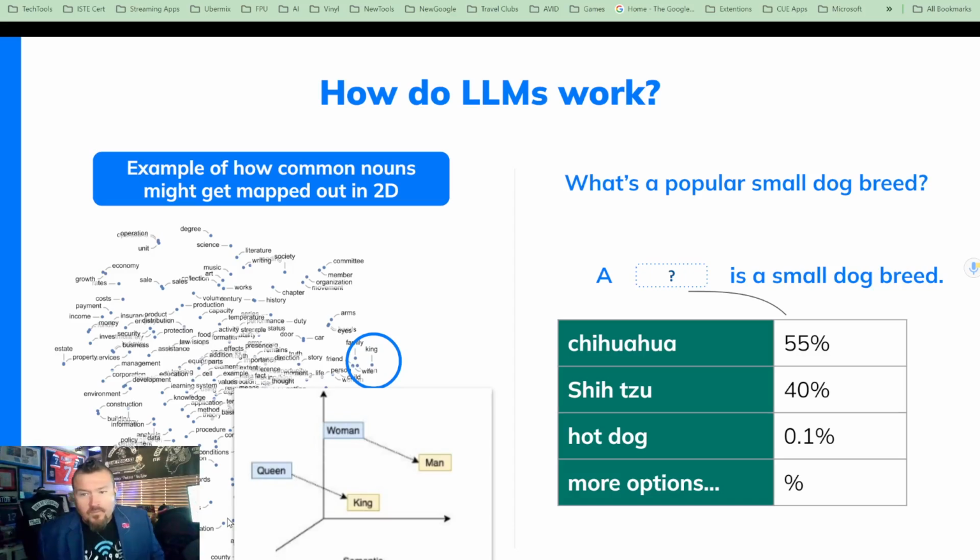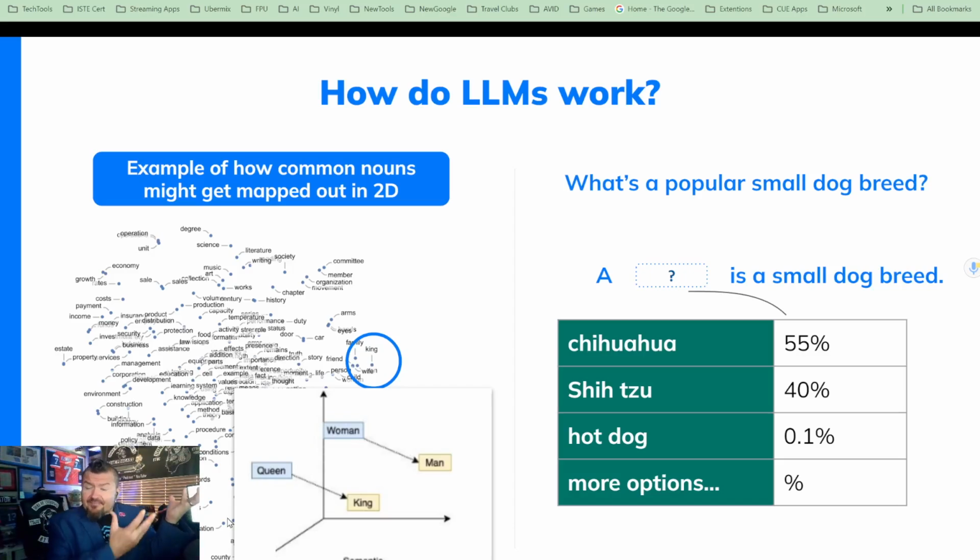For example, what is a popular small dog breed? Now, there's lots of small dog breeds out there, but based upon the data, it may have a 55% prediction that you're going to want the answer Chihuahua. And then there's a 40% prediction that it's going to be a Shih Tzu, right? So maybe for one person, it'll give the answer Chihuahua, and for another one, it'll give a Shih Tzu.